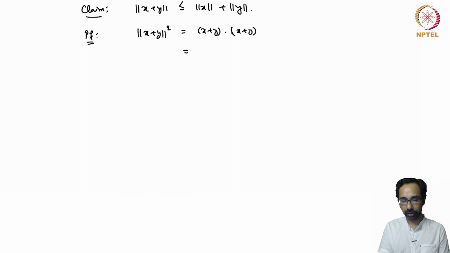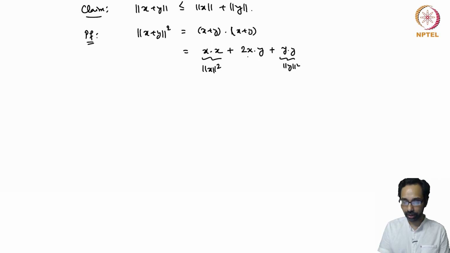If you expand this, you get x · x + 2 x · y + y · y. This is nothing but norm of x squared, this is norm of y squared, and here 2 x · y is less than or equal to 2 times norm of x times norm of y by the Cauchy-Schwarz inequality.